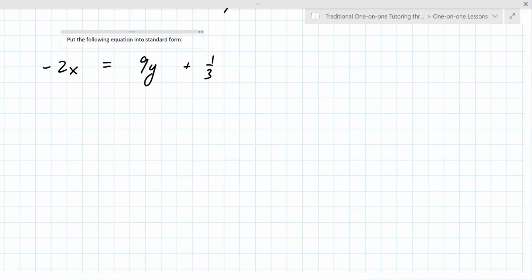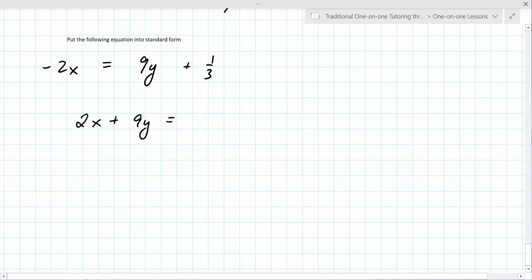Okay. 2x plus 9y plus 9y equals -1. Okay, this is not correct.